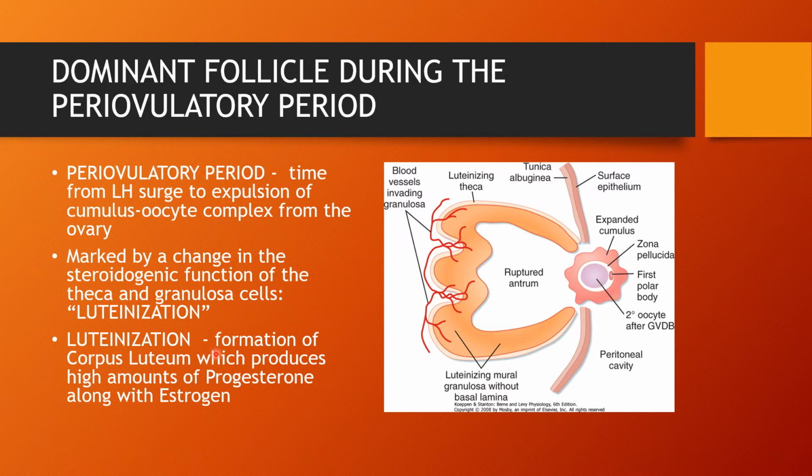This will be marked by a change in the steroidogenic function of the theca and granulosa cells, which will undergo the process of luteinization. Luteinization simply means the formation of your corpus luteum, which will later on produce high amounts of your progesterone along with your estrogen.